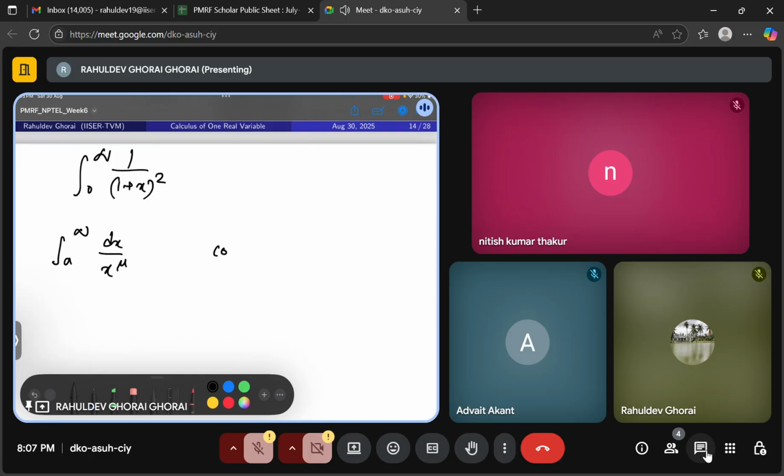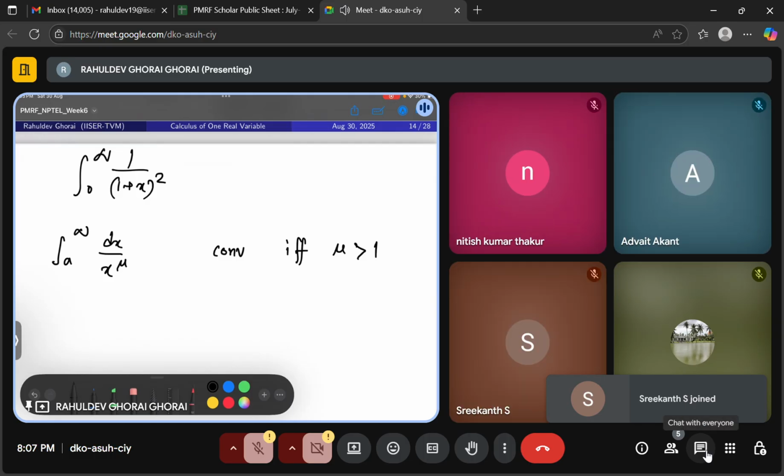You can show that it is convergent if and only if mu is greater than 1. So how it differs: when it was 0 to 1, mu has to be strictly less than 1, and when you come to a to infinity, mu has to be strictly greater than 1, right? So that you can check very easily.